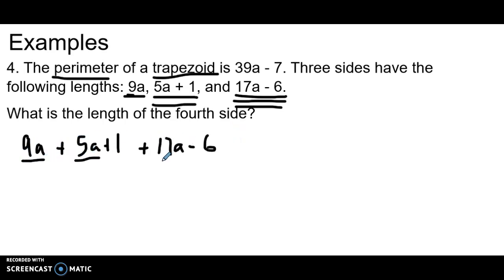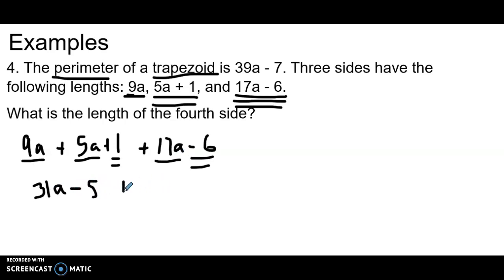They all go together. 9 and 5 is 14. 14 and 17 is 31. So that's 31a. And then we have 1 minus 6 as our constants. 1 minus 6 is negative 5. So this is our three sides.